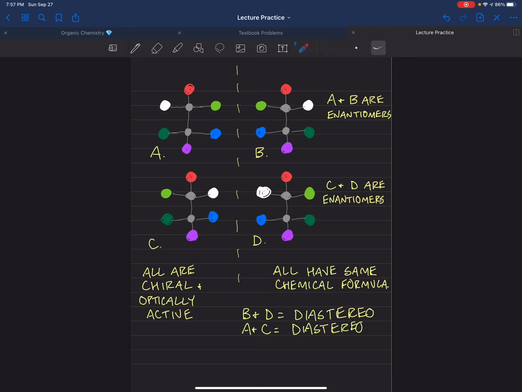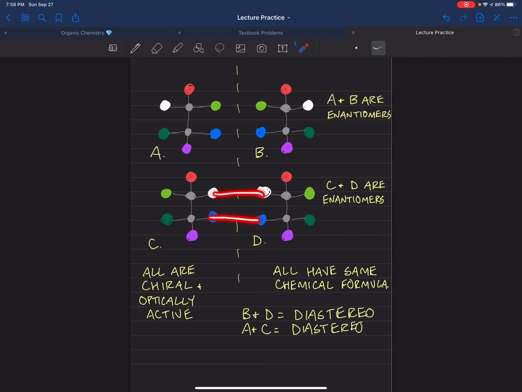The other change you want to do, we switched white and green. We're going to look back at our original, and we're going to put white and green back where they were. But this time, we're going to switch green and blue, just like this. And we're going to create our fourth stereoisomer. The other thing you could have done, if you remember that this is a mirror, is just draw the mirror image of this one, right?